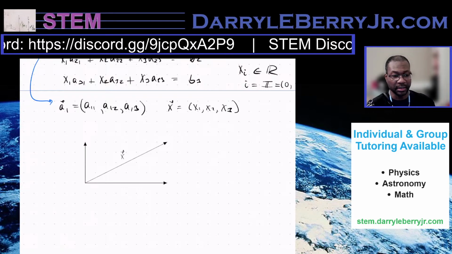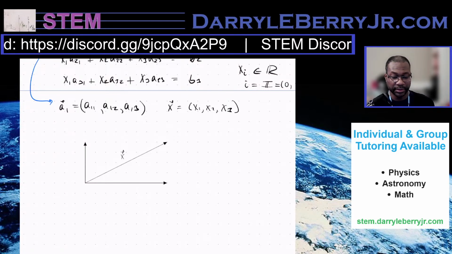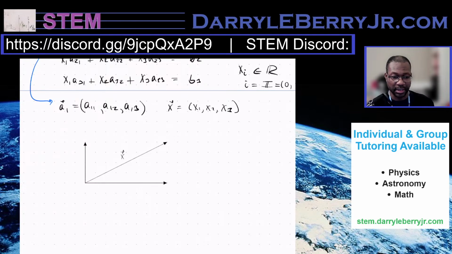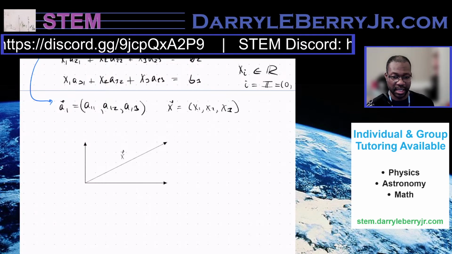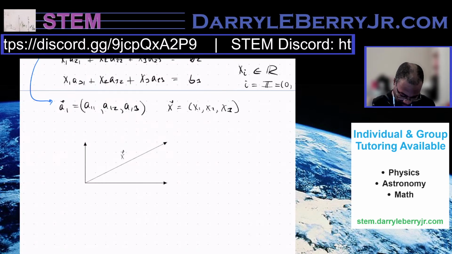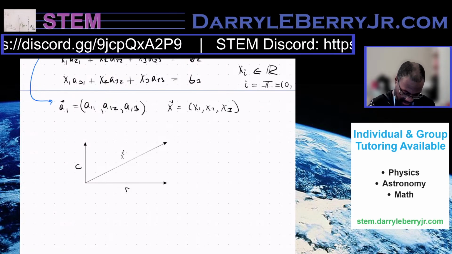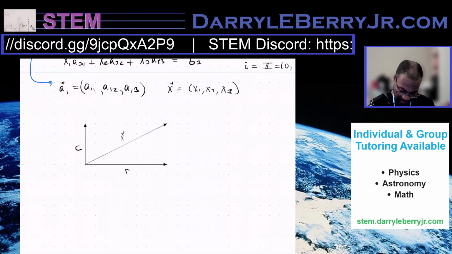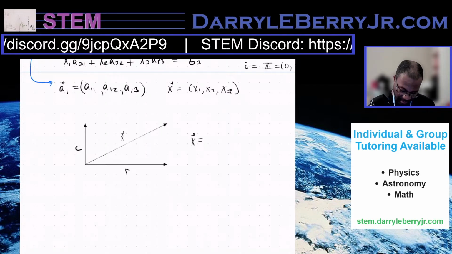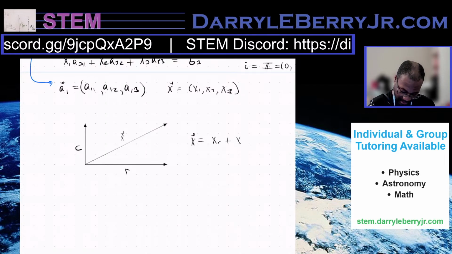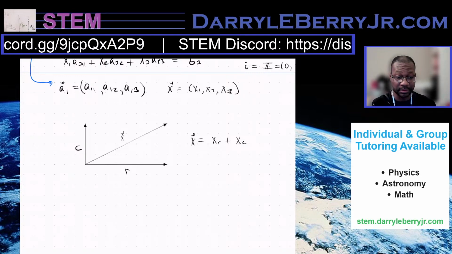So it looks like the book calls these the row space and column space. So x equals xr plus xc.